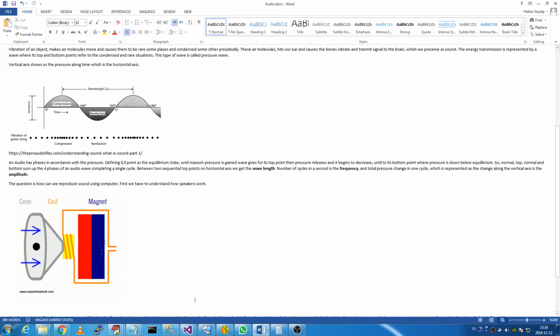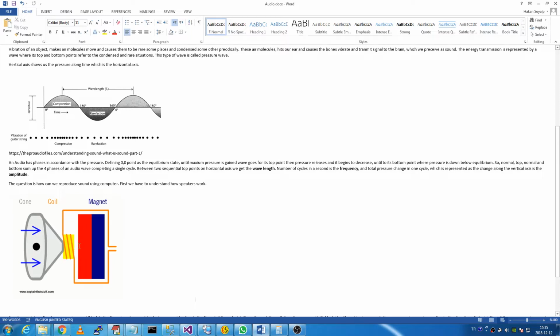We have a permanent movable magnet here, an electromagnet here, and this is the speaker. Our computer makes some electric flow and this electromagnet creates a magnetic field.